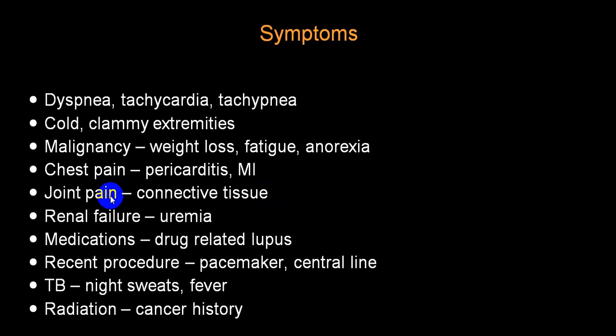In connective tissue disorder, joint pain; signs of uremia in case of renal failure; skin lesions related to drugs or lupus; or a recent procedure like a pacemaker or central line, suggestive of iatrogenic, post-procedure trauma. In tuberculosis, low grade fever, evening rise of temperature, night sweats. In radiation induced etiology, there will be a history of cancer and the person has been subjected to radiation, chemo or radiotherapy.